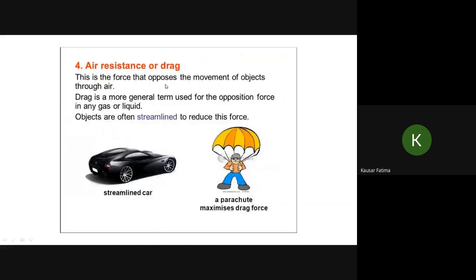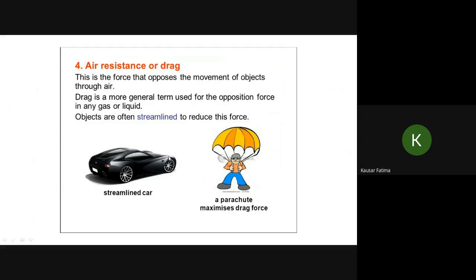Air resistance or drag force. This is the force that opposes the movement of an object through air. Drag is a more general term used for the opposition force in any gas or liquid. So in order to minimize the drag force, cars have streamlined bodies. That will reduce the air resistance or drag force.